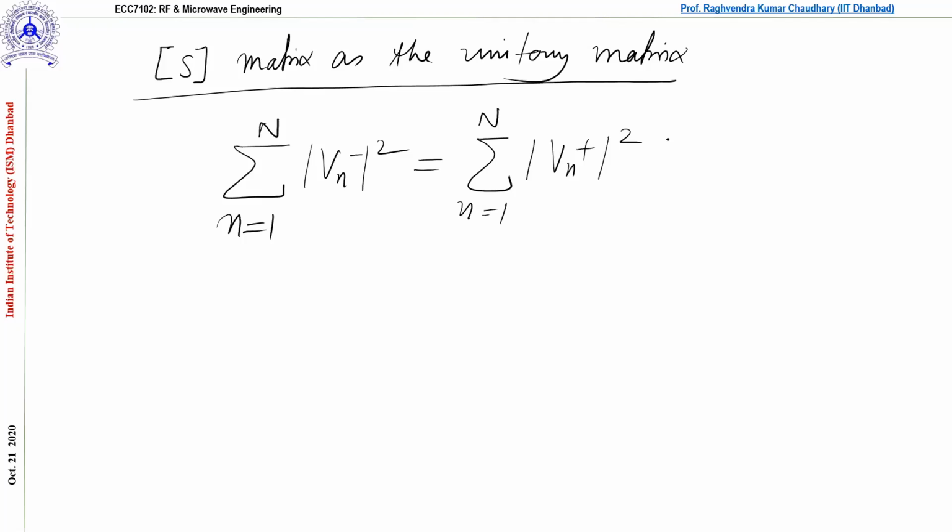This is coming from the power conservation law.